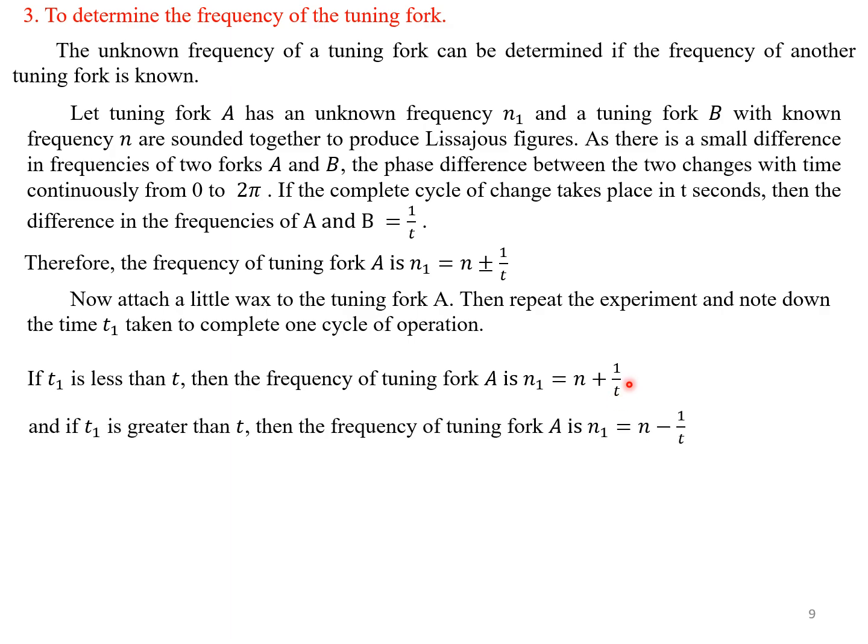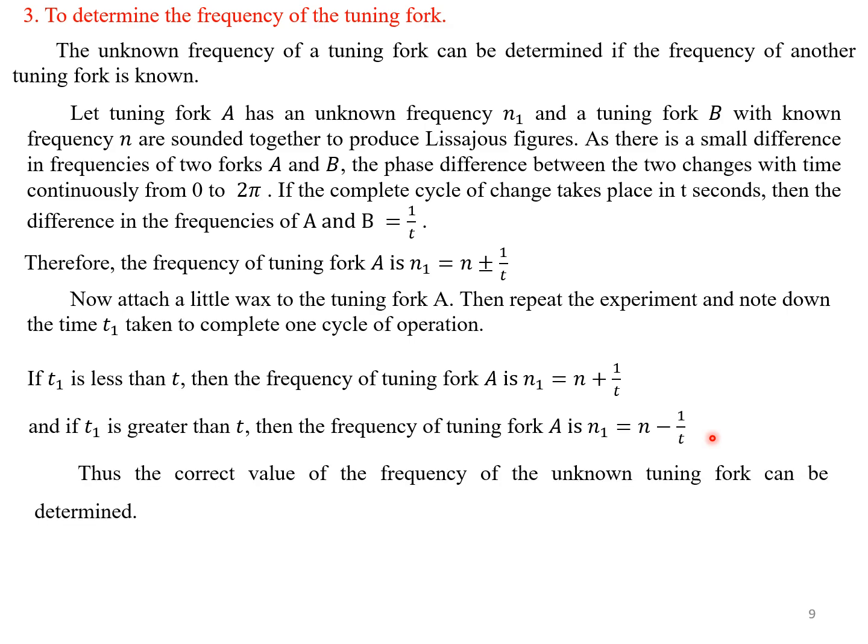And if this t1 is greater than t, then the frequency of tuning fork A is n1 is equal to n minus 1 upon t. Thus, the correct value of the frequency of the unknown tuning fork can be determined.